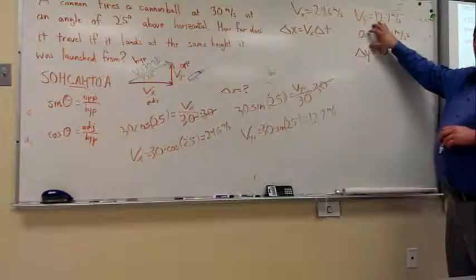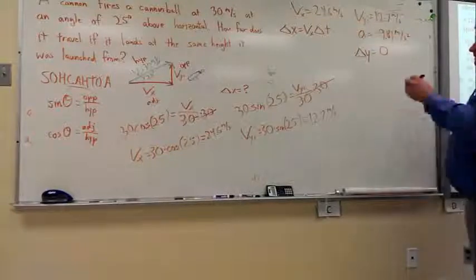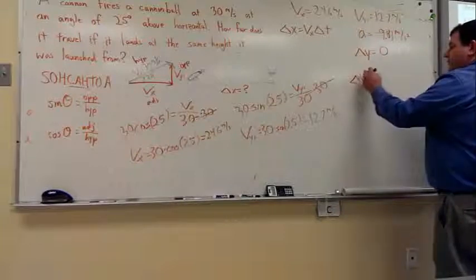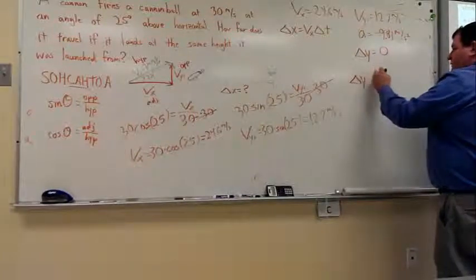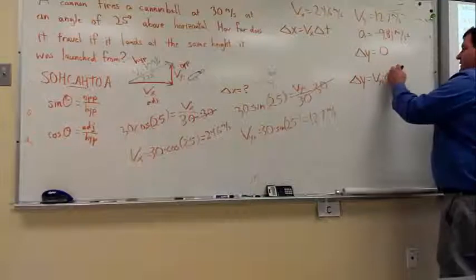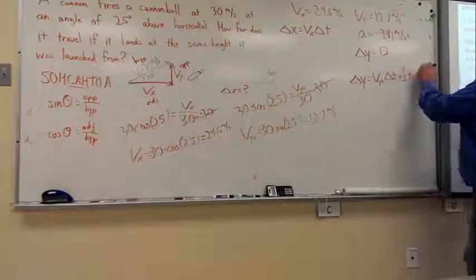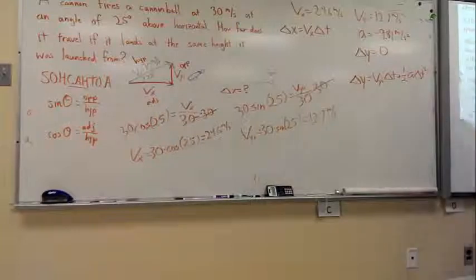I could use these three variables to find the time using this equation. Delta y equals Vyi delta t plus 1/2 a delta t squared.